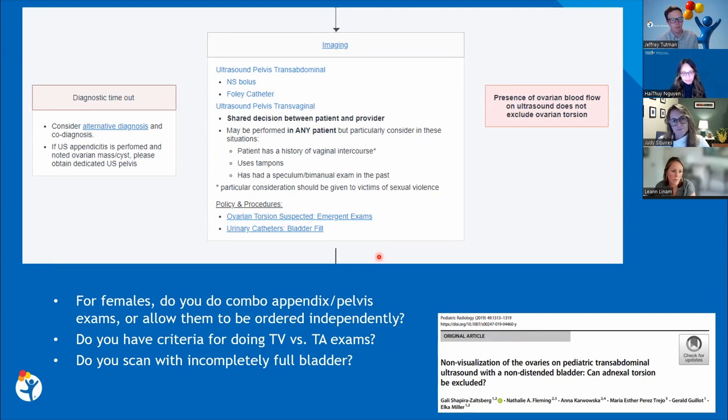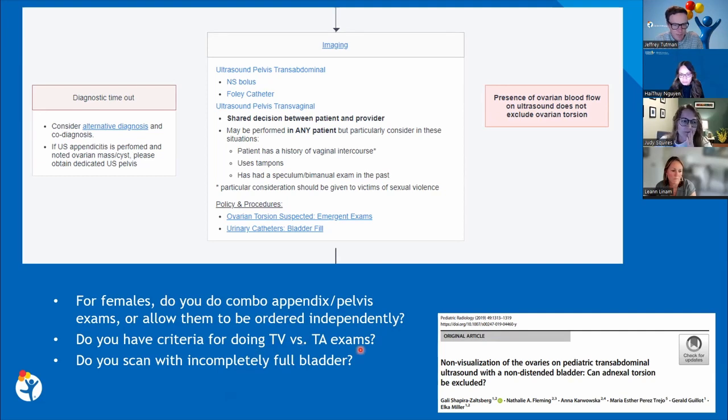Yeah, same. Every ultrasound has to be ordered separately. I think in their order set from the emergency department, they can just click one, right lower quadrant pain female, and it orders the right lower quadrant ultrasound and the pelvis ultrasound, but they can order one or the other.